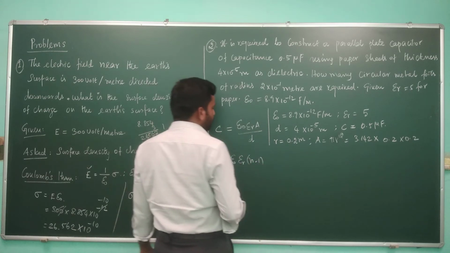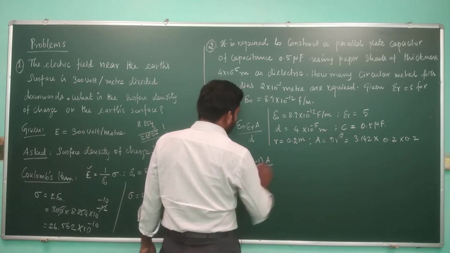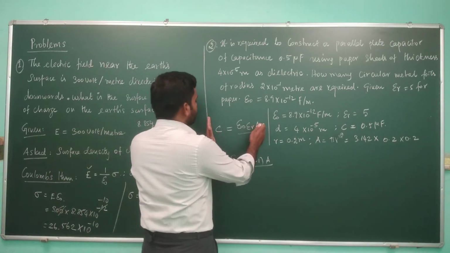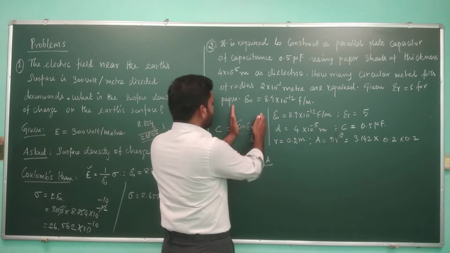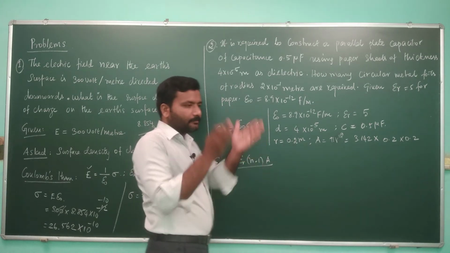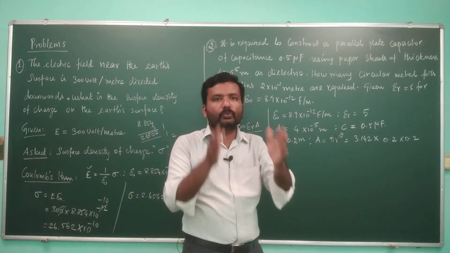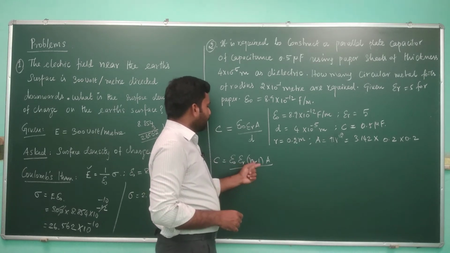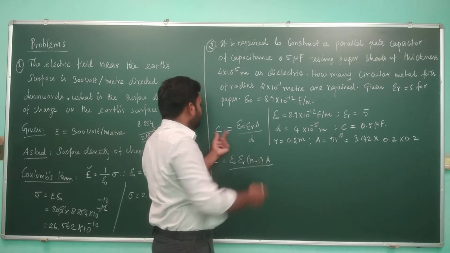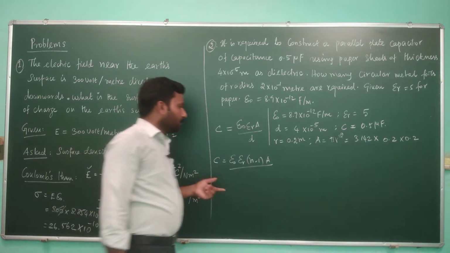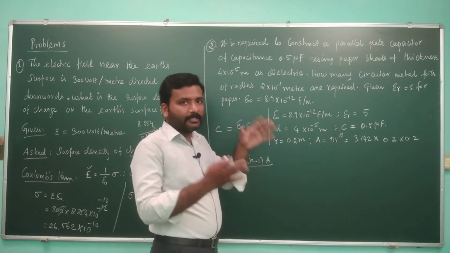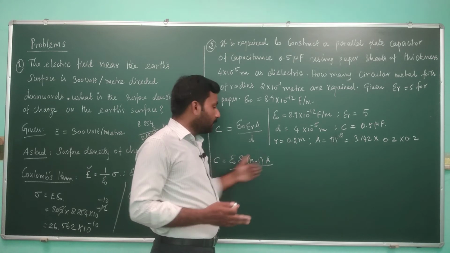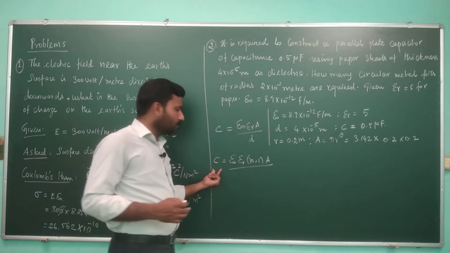This is the capacitance created for one parallel plate setup. If n is 2, then 2 minus 1, there is 1 capacitor, and for that we can calculate capacitance. If n number of foils are used, then n minus 1 capacitors will be created, and in total they will give you this capacitance.